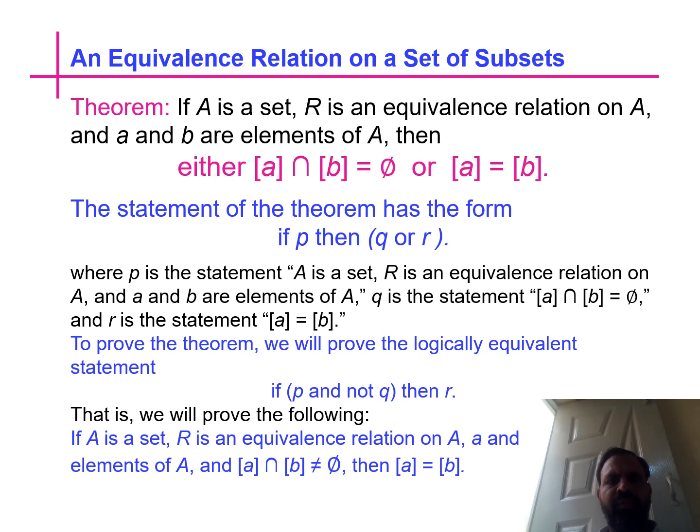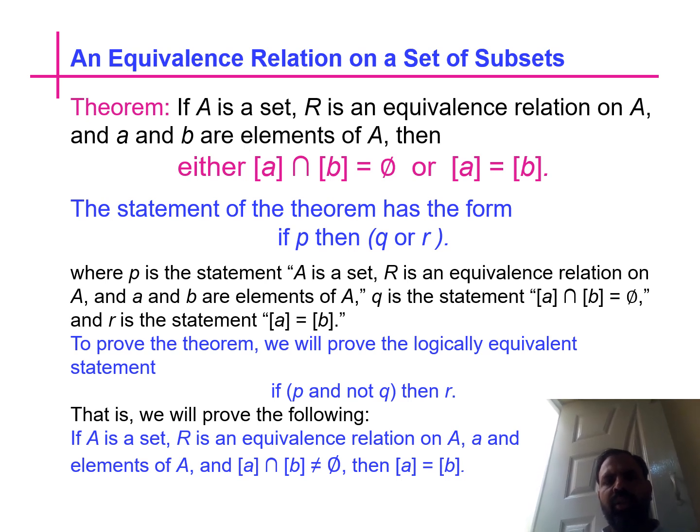Here is the theorem. If A is a set, R is an equivalence relation on A, and a and b are elements of A, then either a ∩ b = φ or a = b.